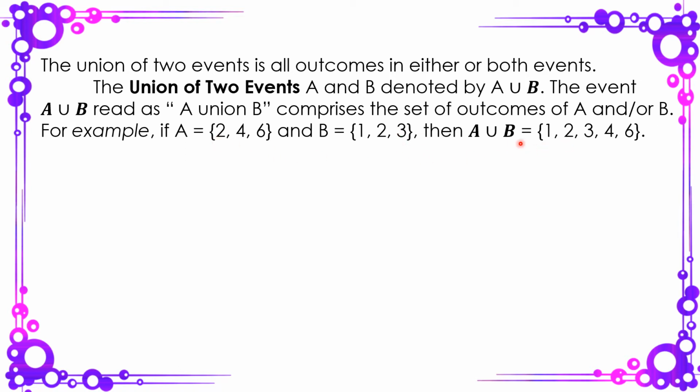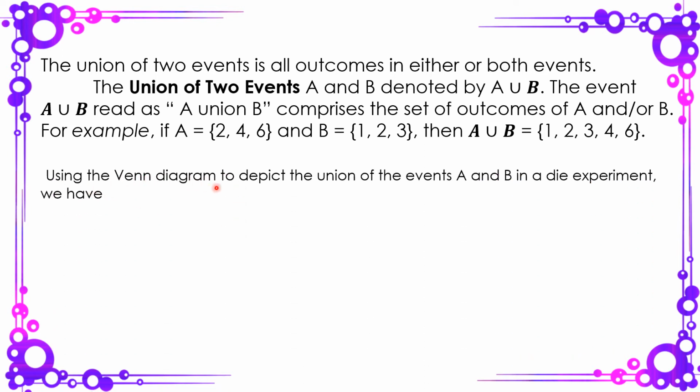Next is number 3, number 4, and number 6. So A union B is equal to 1, 2, 3, 4, and 6. You list all the possible outcomes.